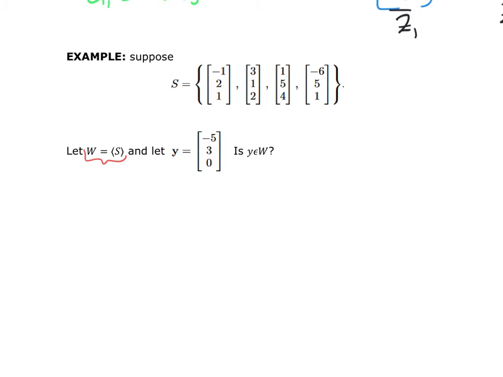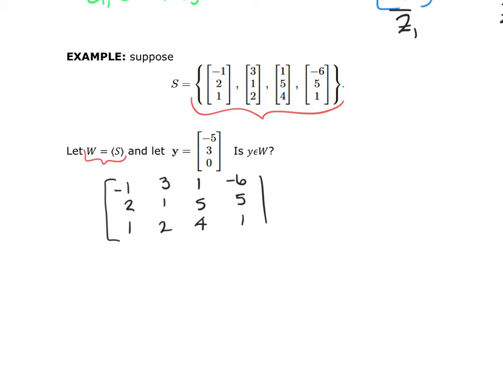So W is all of the linear combinations of these 4 vectors. So let's go ahead and do column 1, column 2, column 3, column 4, and what I'm checking is whether I can get a linear combination of them.